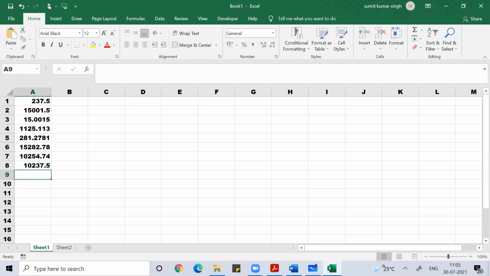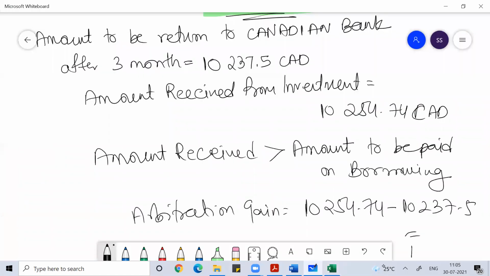You can figure out your arbitrage gain: this minus this is 17.244. So it's around 17.244 Canadian dollar. If I start with $10,000, I'll get a gain of 17.244 Canadian dollar.